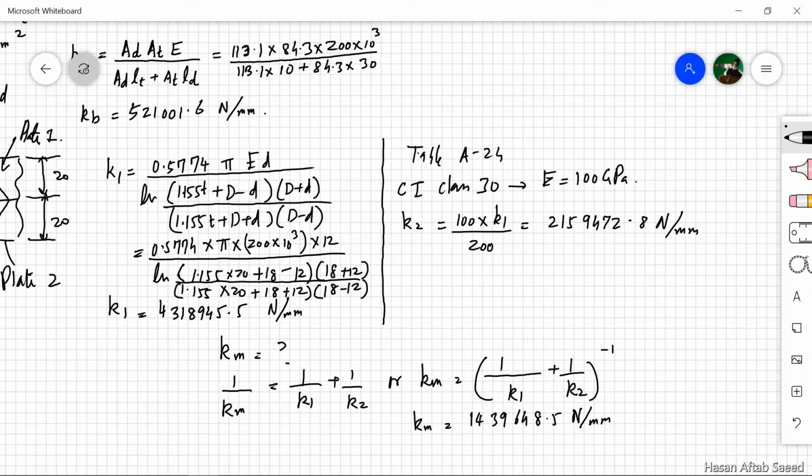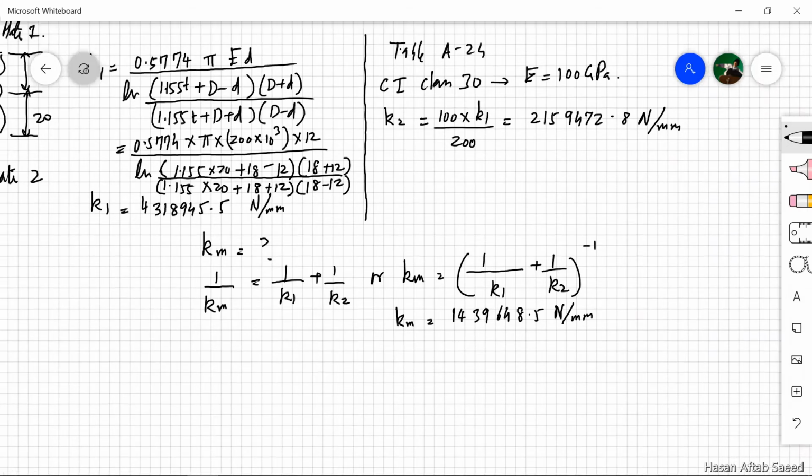Yes. So you have the values of Km as well as Kb.